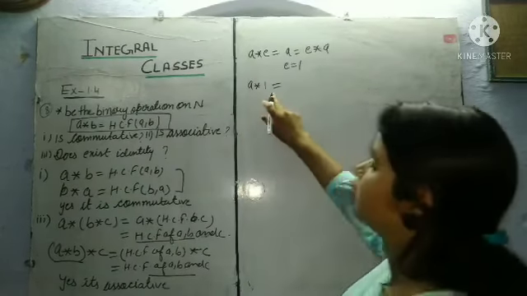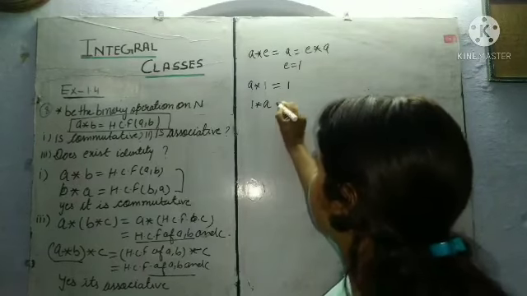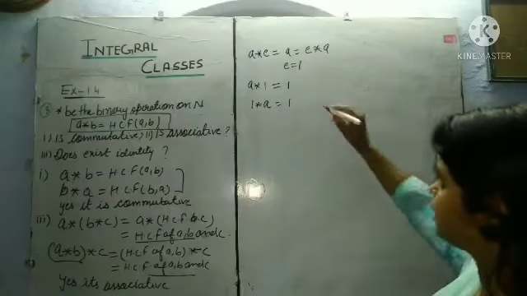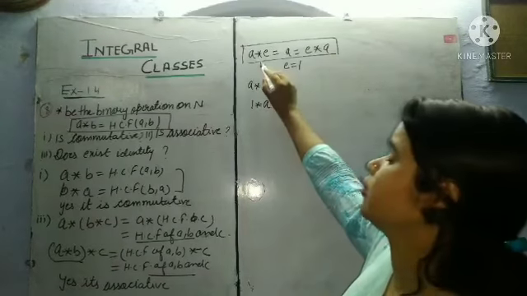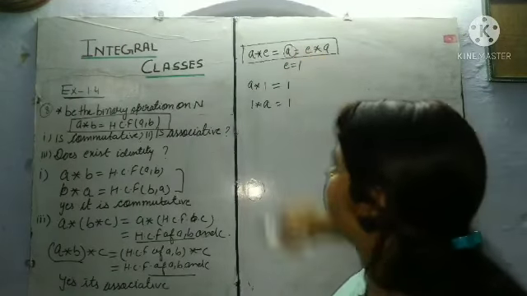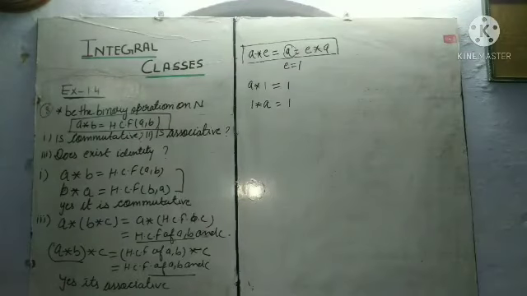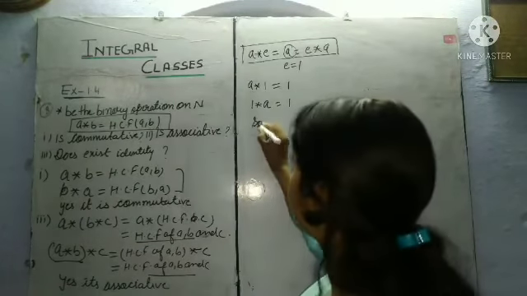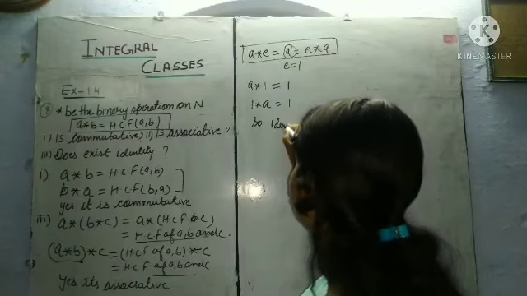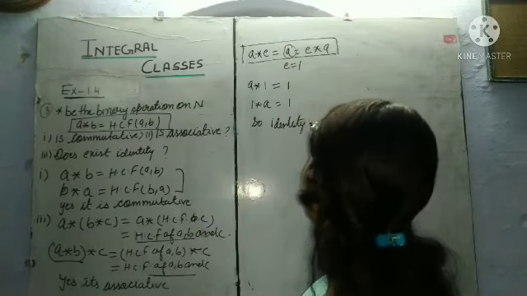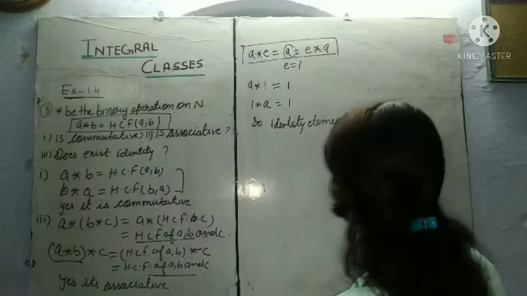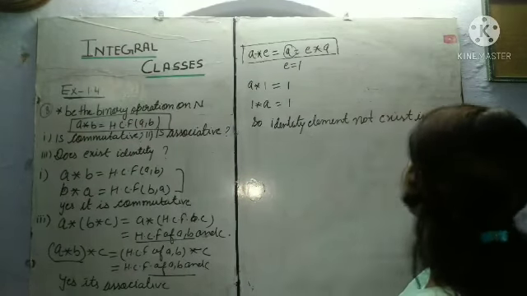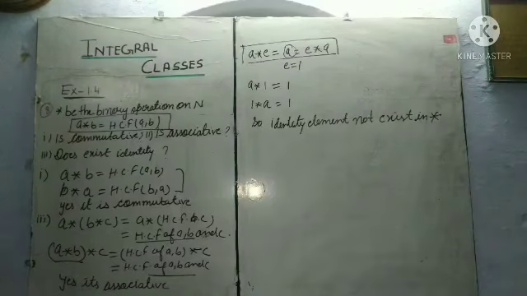What is the value of HCF here? It is 1, not A. Now 1 star A is also 1. But for an identity element, if we apply the binary operation, then we should get the same number. So it does not follow. So the identity element does not exist in this star operation.